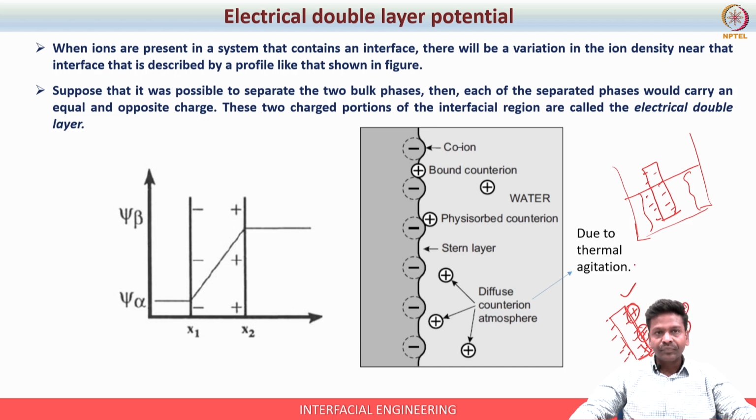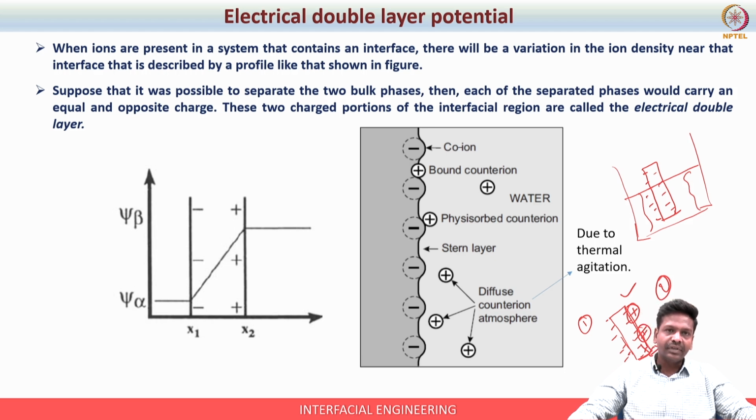So in this way you can expect that there will be a change in the ion density across this surface, right? Potential variation will be there. Again, if I consider these two as two bulk phases, let's say the solid is one bulk phase and the liquid medium is another bulk phase, and if I separate these two bulk phases, then both bulk phases carry equal and opposite charge.